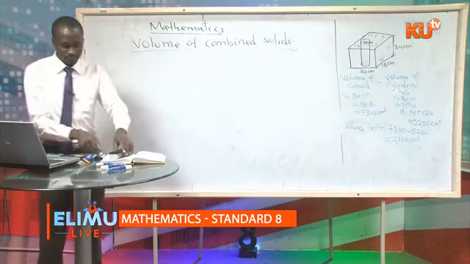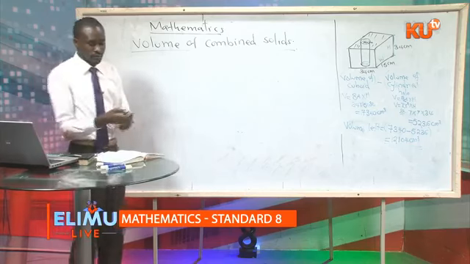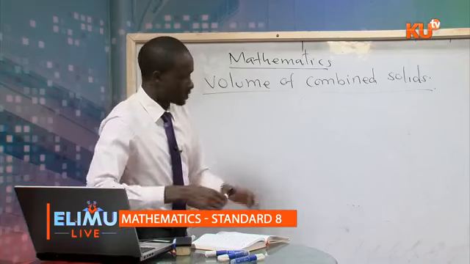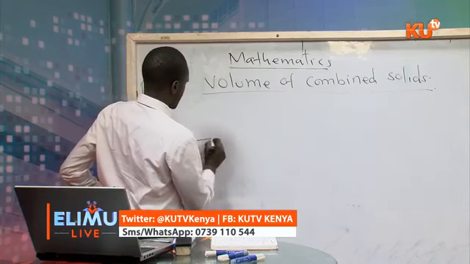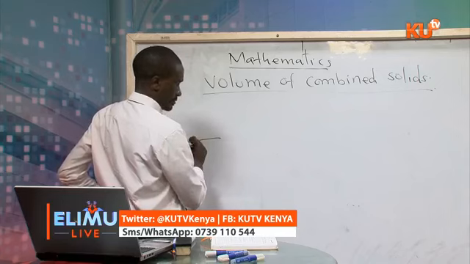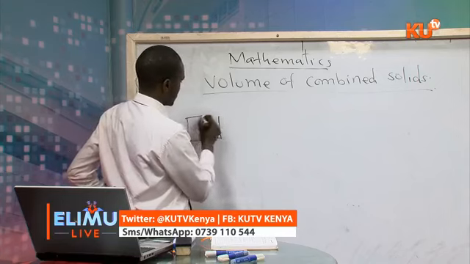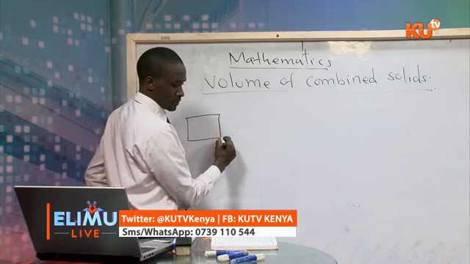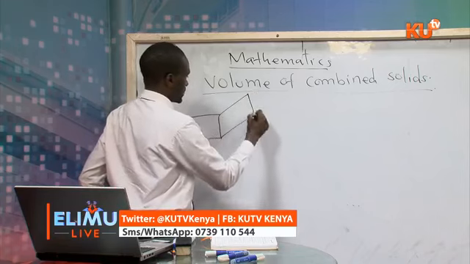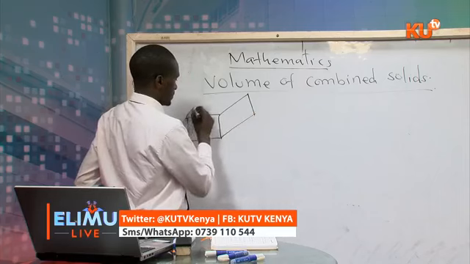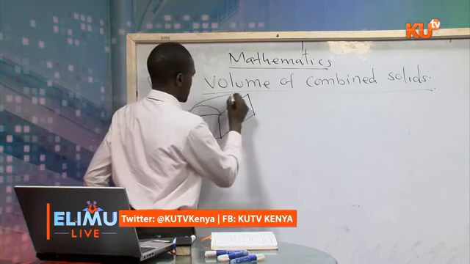A loaf of bread. Now for the loaf of bread, it looks like this one. I draw it like this, then this way takes that shape, then this way takes this shape.